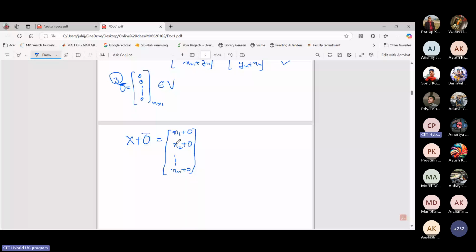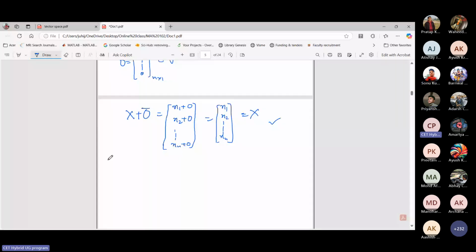Now, since these are real numbers, this will be equal to x1, x2, xn, and this will be our capital X. So existence of vector identity, a vector 0, is fulfilled.